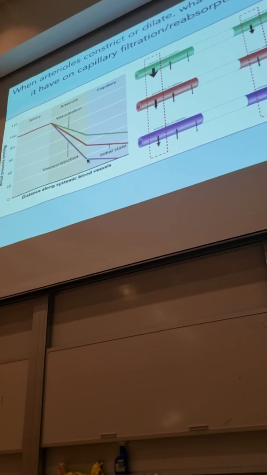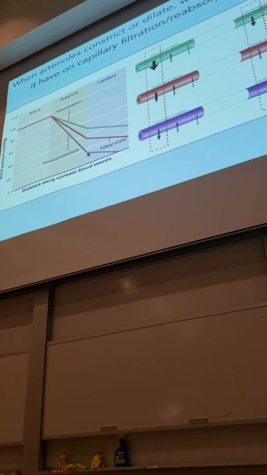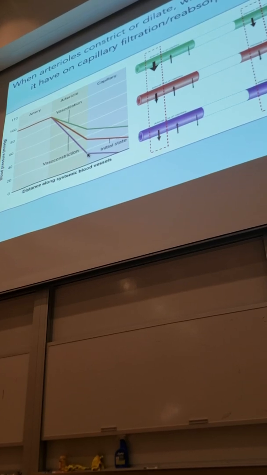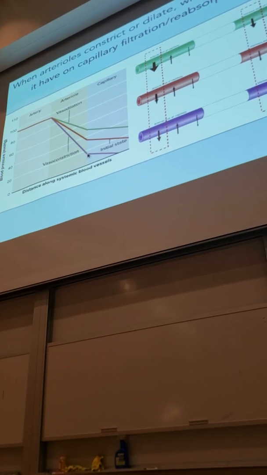So we said that our hydrostatic pressure of the blood is elevated. In a nutshell, we've got more filtration and less reabsorption. So what does that mean for bulk flow? We're gonna have more fluid leaving altogether or less? More. Yeah, we're gonna have a net loss of fluid from the blood.